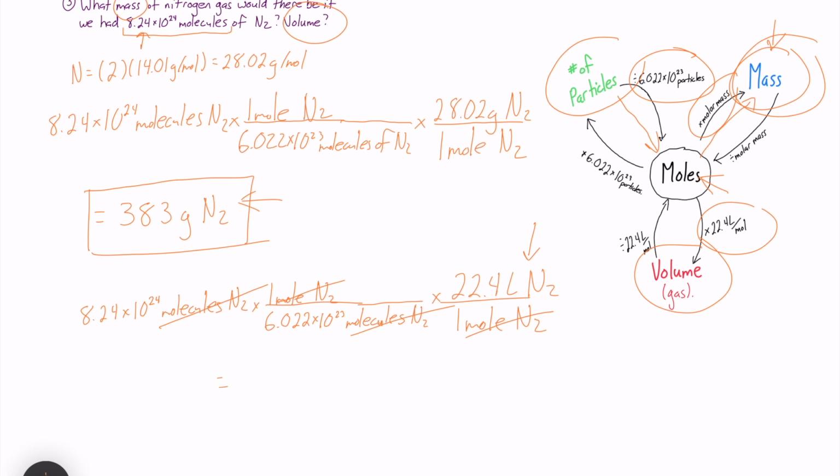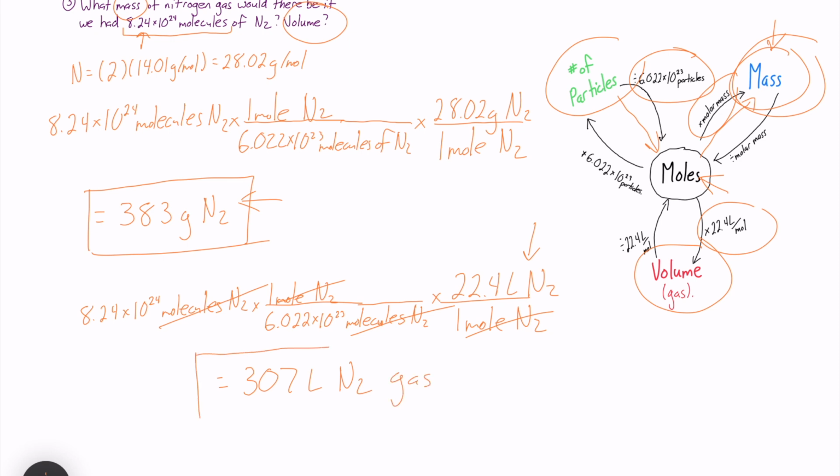So we have 8.24 times 10 to the 24th divided by 6.022 times 10 to the 23rd, and that is multiplied by 22.4 liters of N2, and you should get 307 liters of N2 gas.